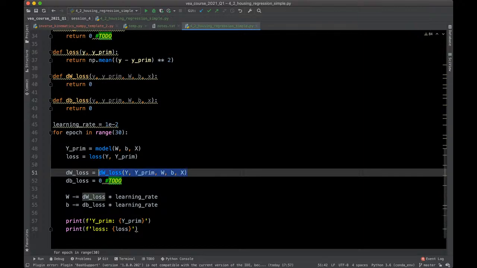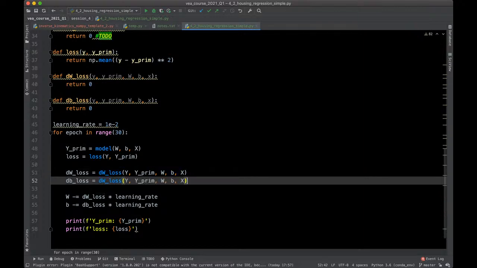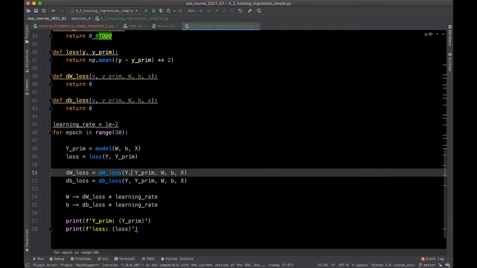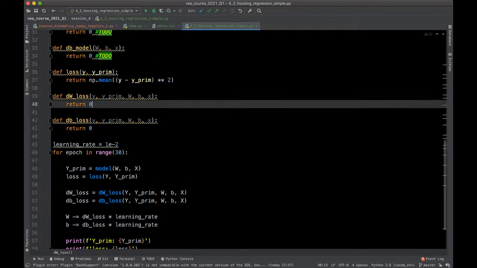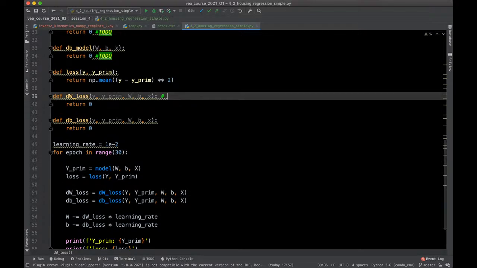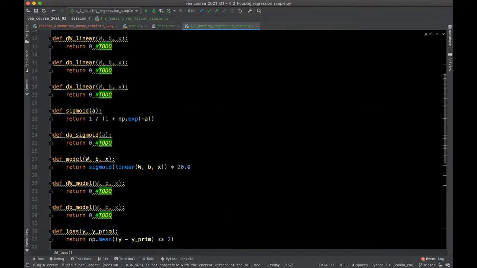And now we need also the derivative of bias with regards to the loss. So let me just type in what I mean by this: the derivative with regards to the loss function, and the same for all other functions.